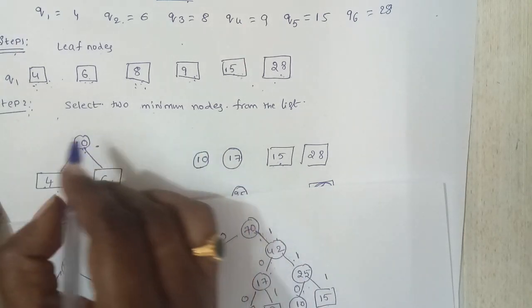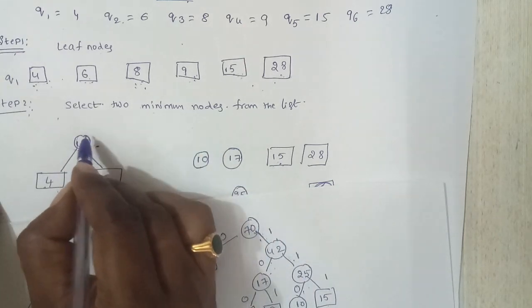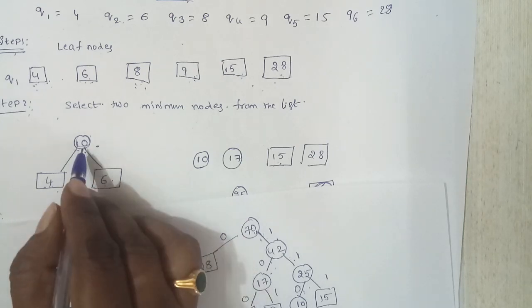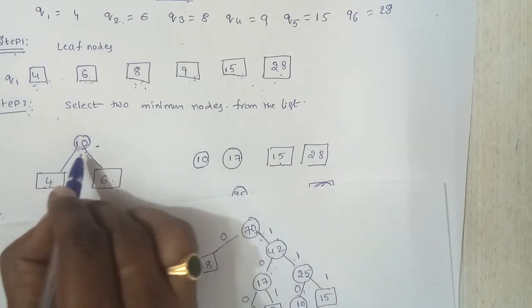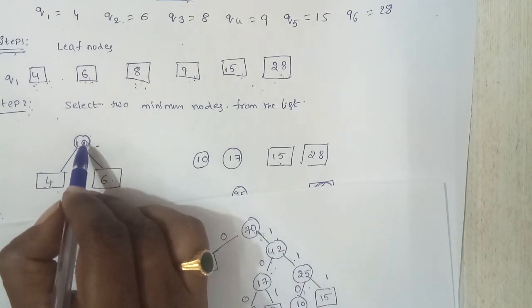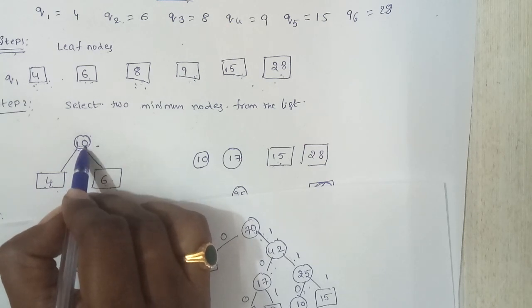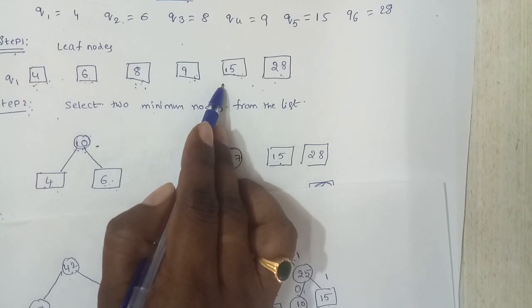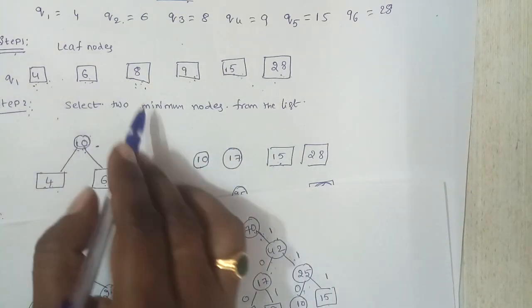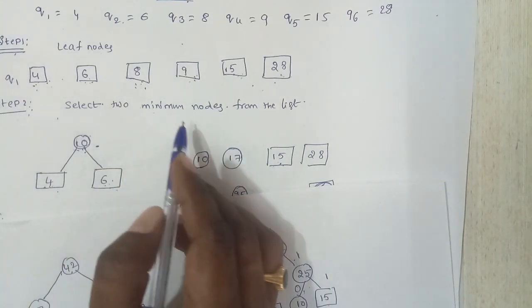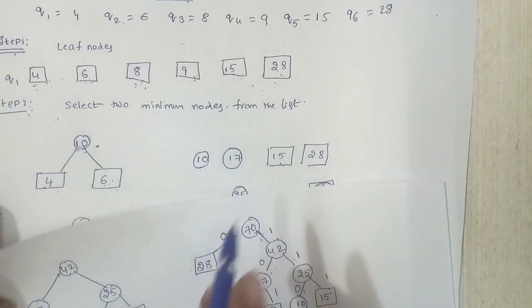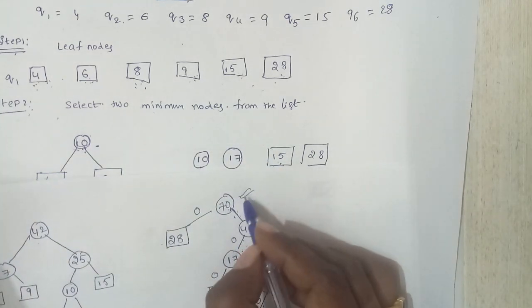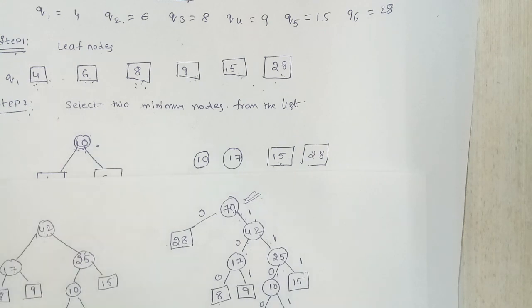We are constructing a tree such that the internal node is the sum of these two external nodes. Now the new value is considered in the list also. In the next step, we have to repeat the above two steps until the list contains only a single value. This is the way we are constructing the Huffman tree.